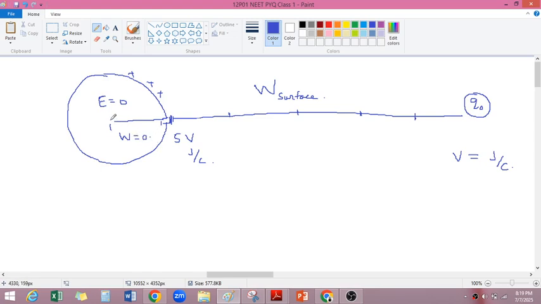But what is potential? How do we define potential? What is the work done to push it from infinity? So how much work have we done to come from here to here? This much work. So W total is equal to W surface plus W inside.